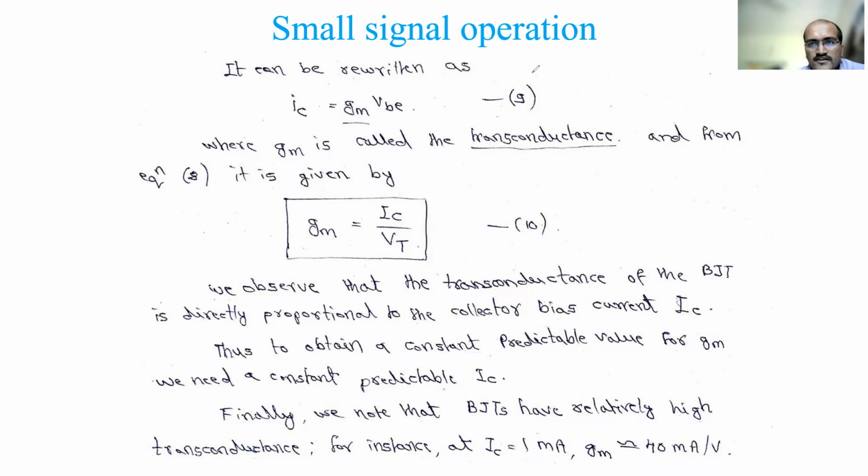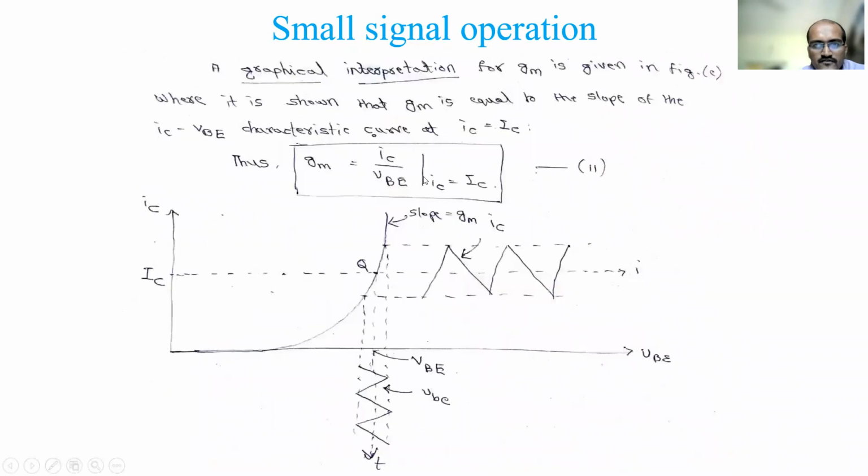We'll continue the discussion with the second current, which is the base current. Collector current you understood. Before that, we discuss the graphical representation of GM. A graphical interpretation for GM is given here, where it is shown that GM is equal to the slope of the IC versus VBE characteristic curve at IC equal to the bias current. This means the output current against the input voltage.